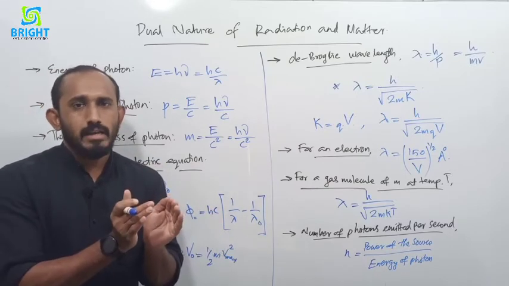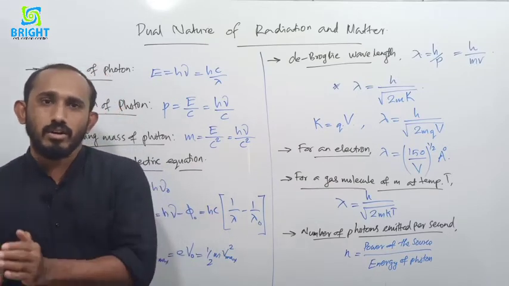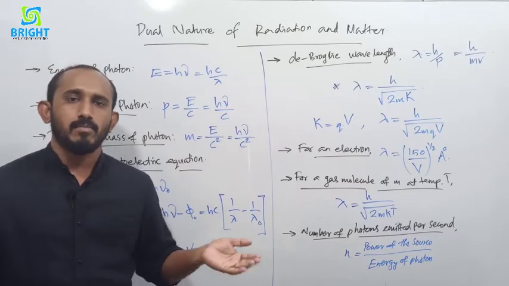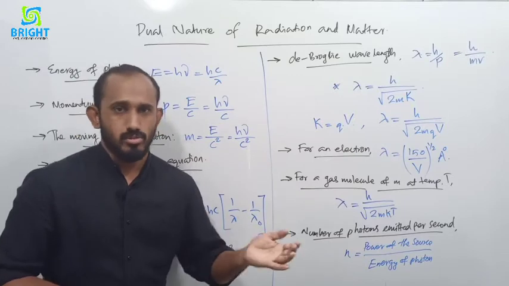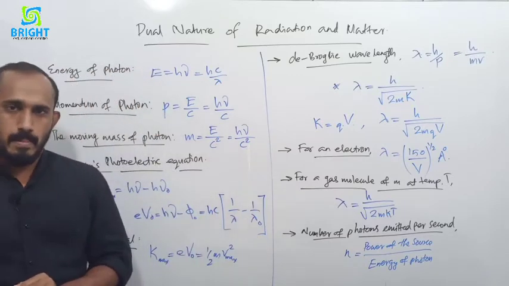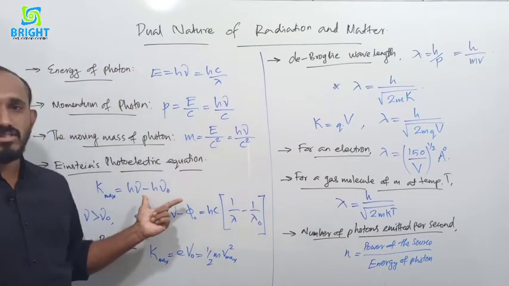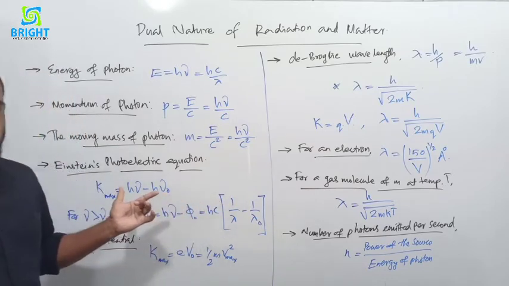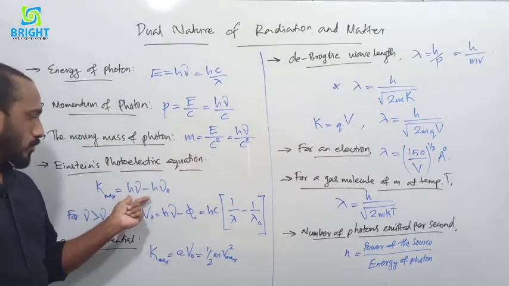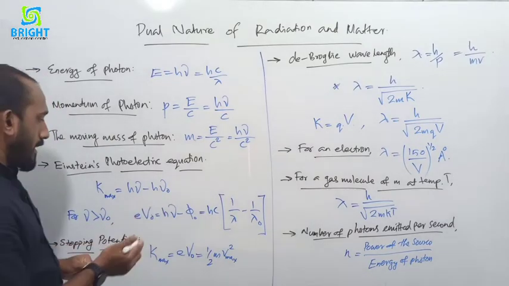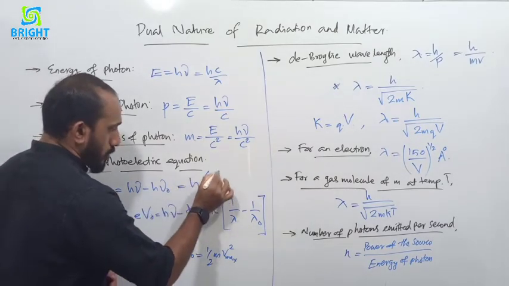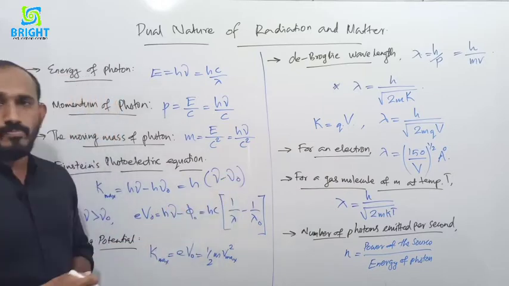One part is utilized to eject the electron, that is, as the work function. And the other part is utilized as the kinetic energy of the moving electrons, the photoelectrons. So this is the famous Einstein's photoelectric equation. He got the Nobel Prize for this. K max is equal to h nu minus h nu 0. In short, you can write it as h into nu minus nu 0.